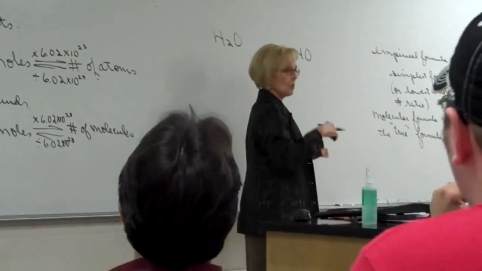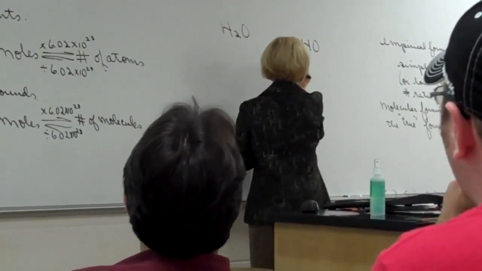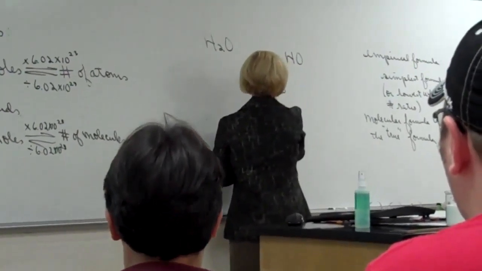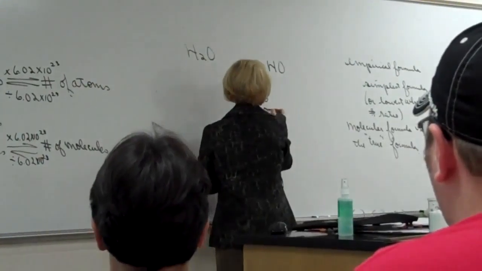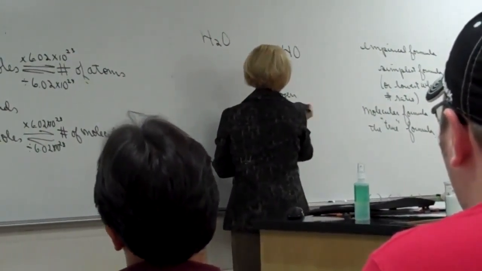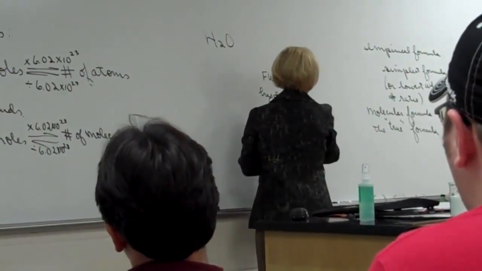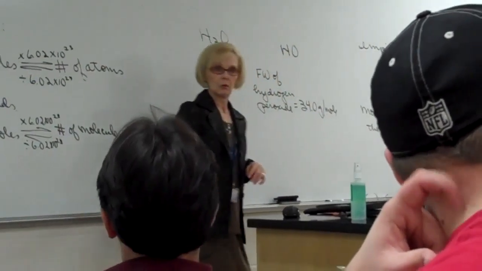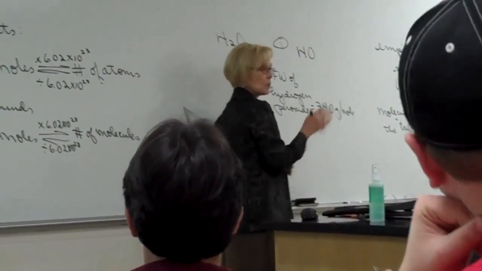But then I would do another experiment, and I would find that the formula weight of hydrogen peroxide is equal to 34 grams per mole. Okay, here's your first experiment.